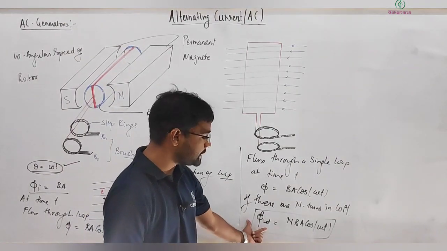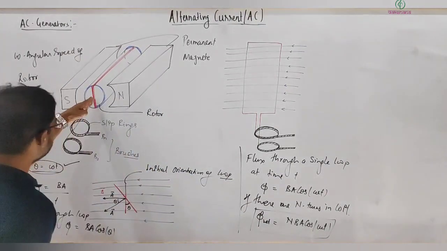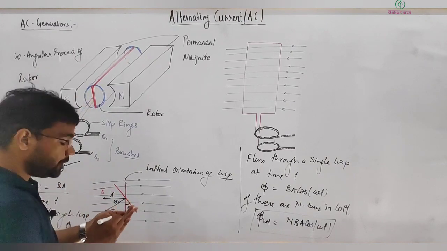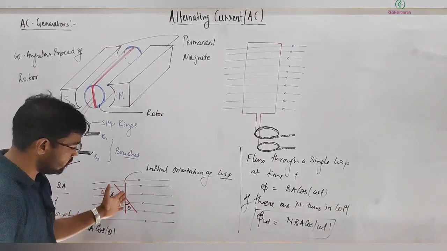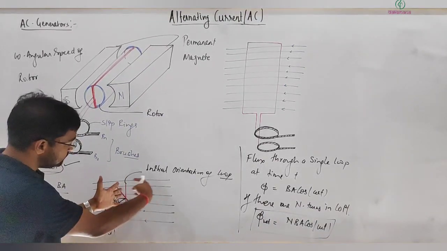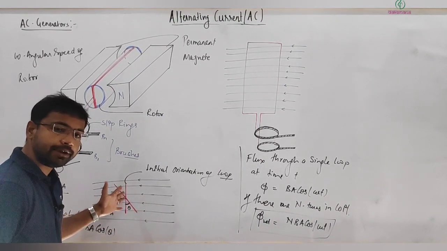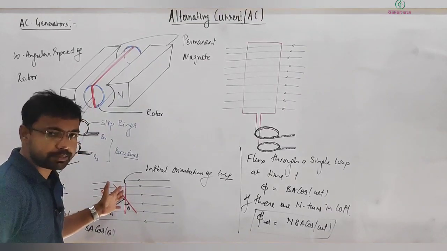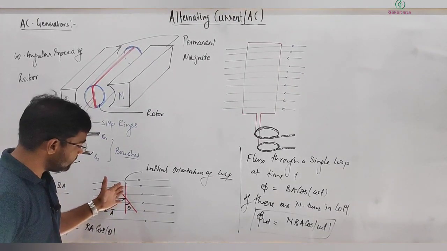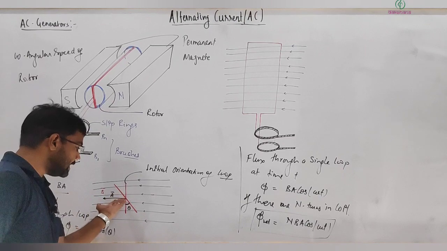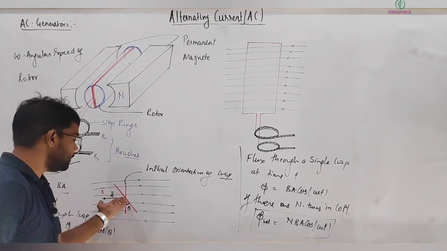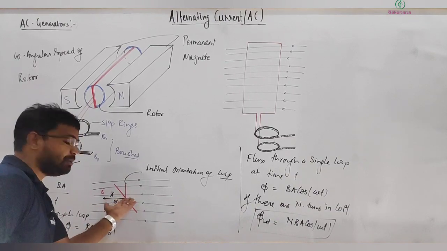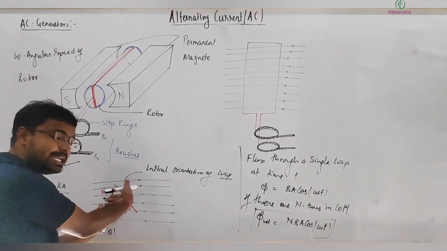Now, what is happening is that this flux is continuously changing as the rotor rotates. Just try to imagine it. Right now, this is the orientation of this loop, and the maximum magnetic field lines are crossing it, so the flux is maximum. After some time, at T by 4, the orientation of this loop will be this way, and no magnetic field line is crossing it.